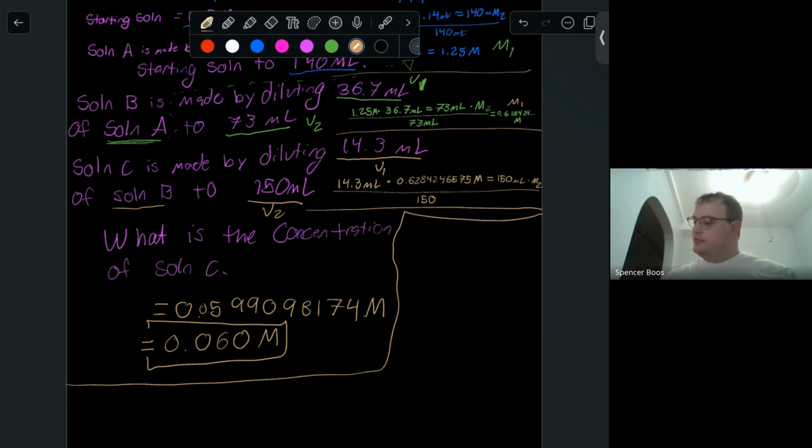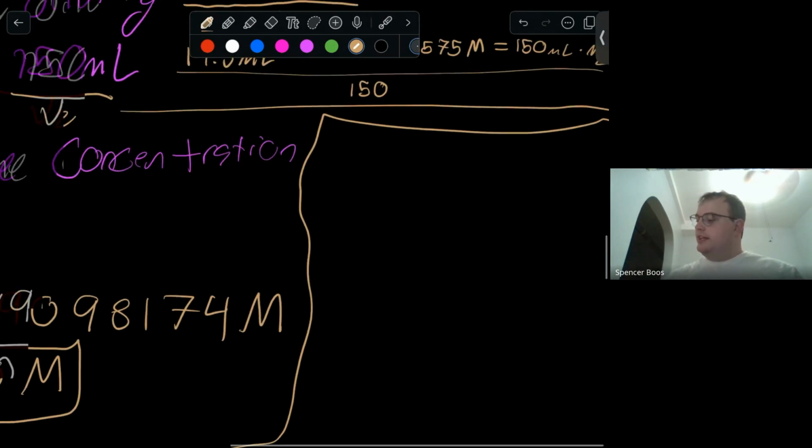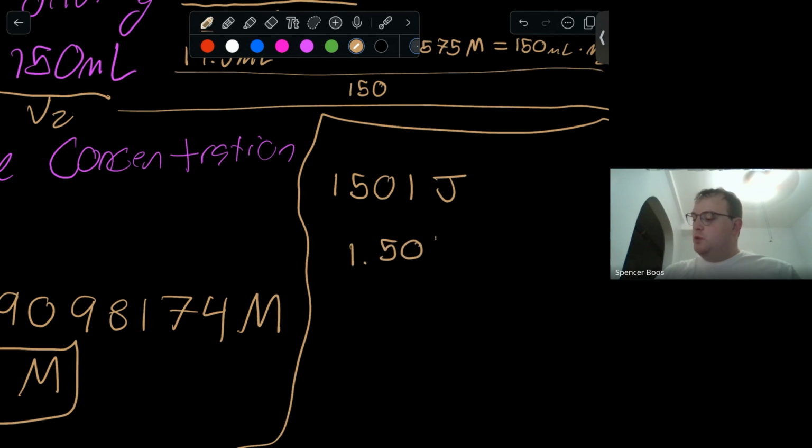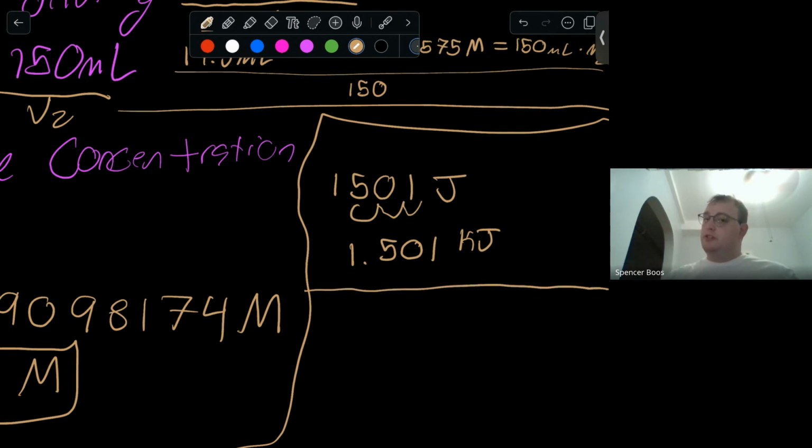For instance, let's say you got for some final answer, I don't know, 1,501 joules. What that would be in kilojoules is, of course, 1.501 when you move the decimal point 3 spaces over, kilojoules. So that's really the only thing that you would need to use it for.